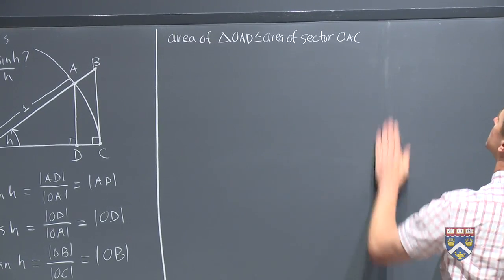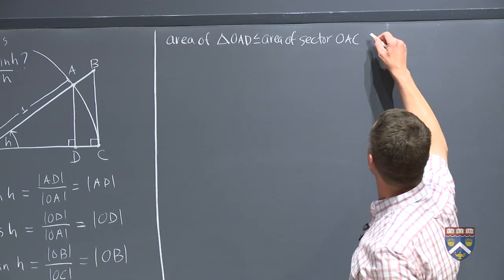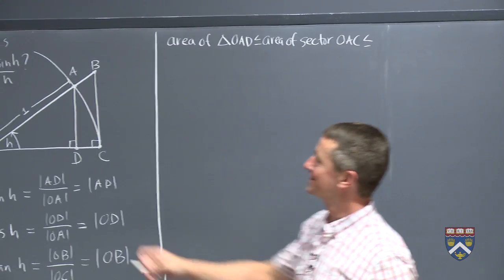And then finally, the area of the bigger triangle, which is OBC.